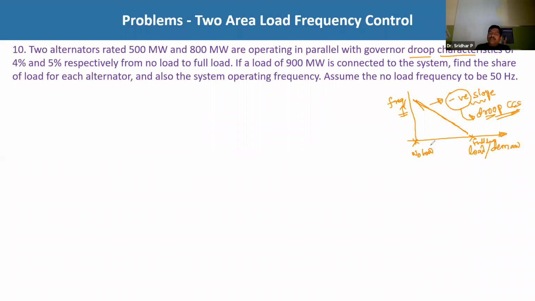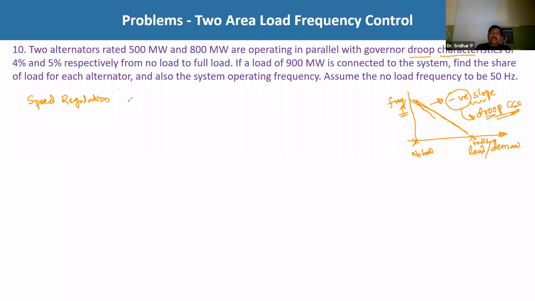Whenever you draw the relation between the frequency and the load or load demand, between no load to full load, the line is like this. So this is either 4% or 5%. Now this 4% and 5% is what is called the speed regulation or droop characteristics.